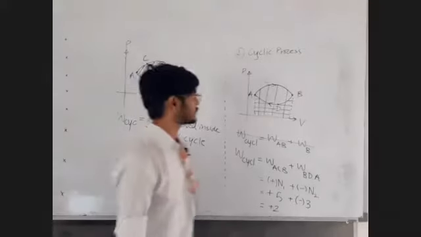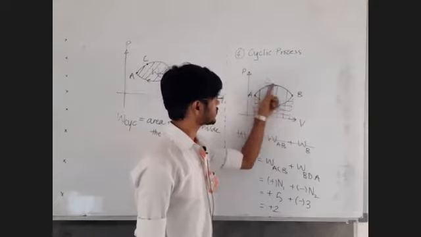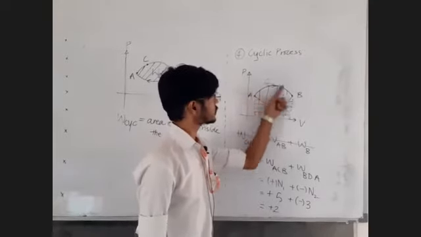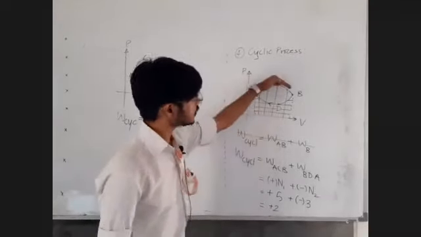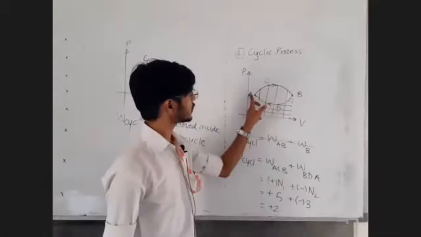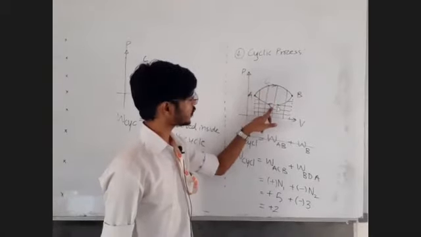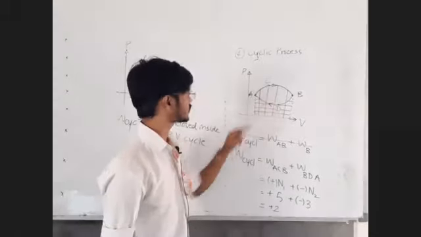Now you can very easily observe that when the curve is traced clockwise, positive work is more and negative work is less, so total work is positive.